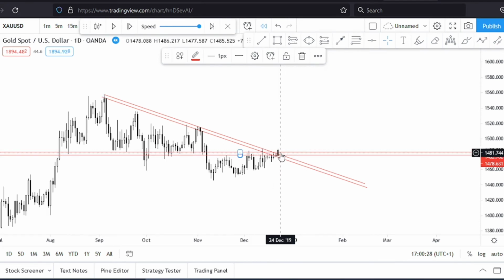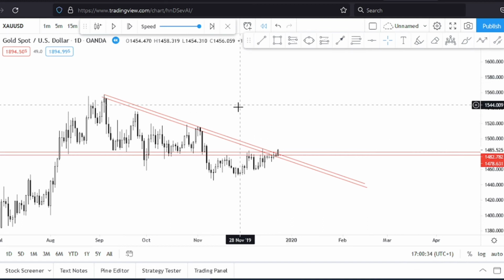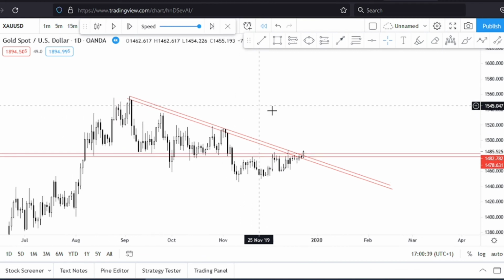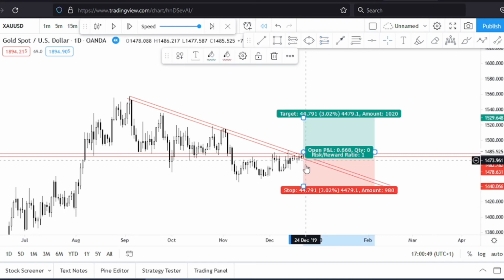So it broke out of the trend line as well as this area. One thing you need to notice is that when you're using any particular strategy, you don't normally use it in isolation, and you need some other confirmations to be able to take a very good trade. And this is an example of that. A confluence between the broken resistance level and a trend line.